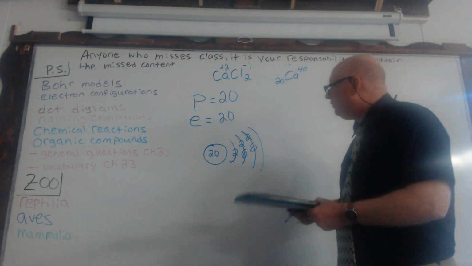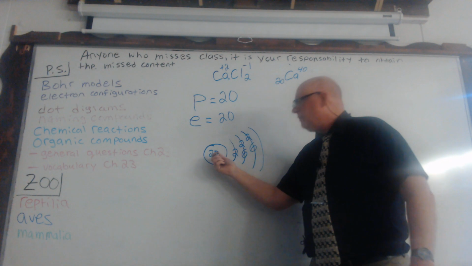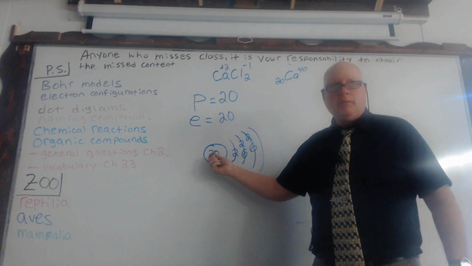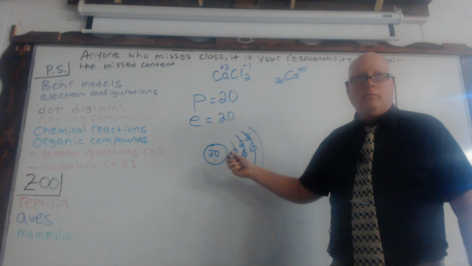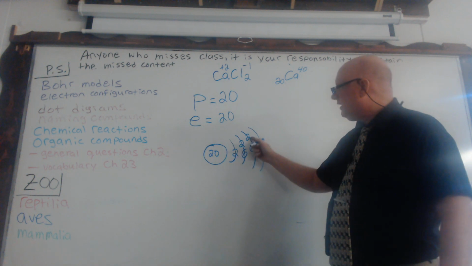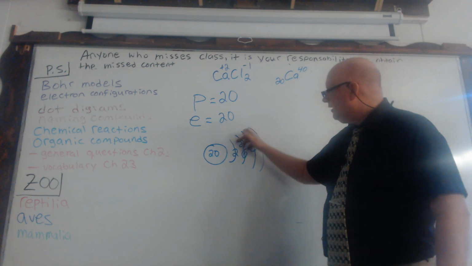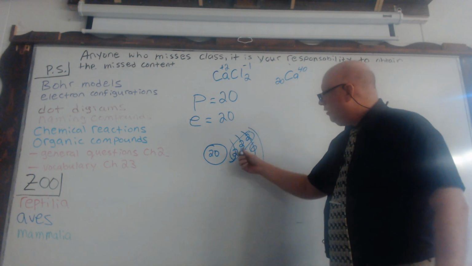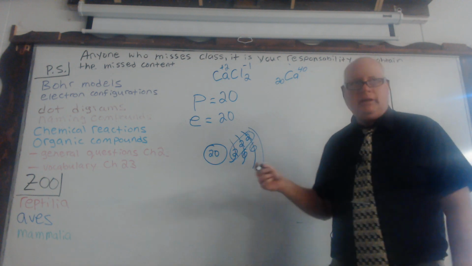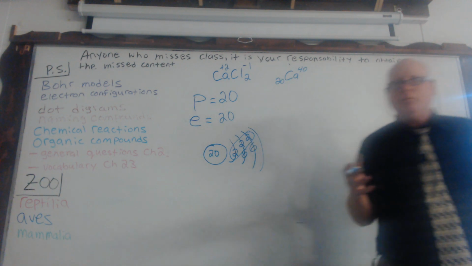Because now we still have 20 positive charges, but how many negative charges do we have now? So 2 times 3 is 6. So we could say that this is the number 6. So then what would 6 times 3 give you? 18.